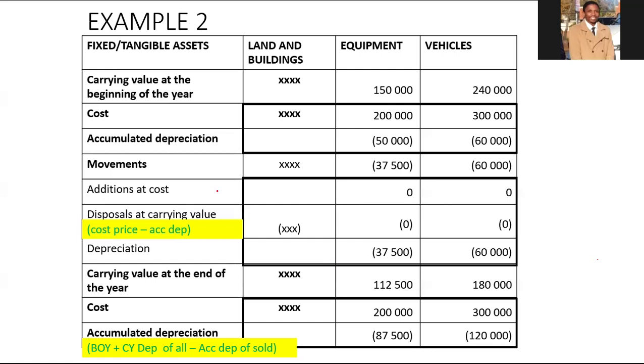That 180,000, you could have got it by taking this 240,000 and subtracting the 60,000 because it's in brackets, and it'll give you 180,000.